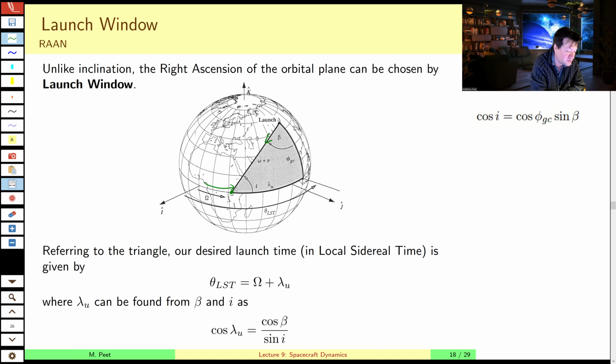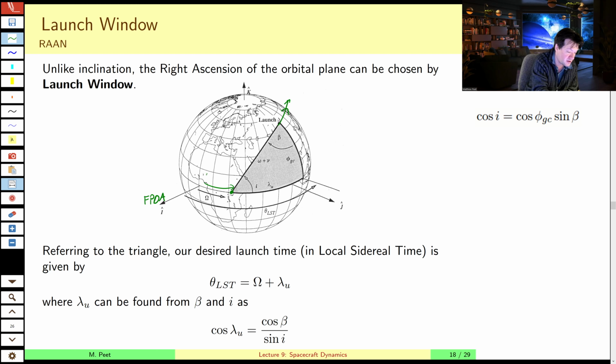So in this case, we're going to assume that we're launching in the opposite direction, right? This figure, which I stole from Vallado, is a little bit misleading in that respect. So this is the first point of Aries. If we were drawing this right, it's very difficult to draw these obtuse angles in geometry, but if I were doing it, I would do it like this.